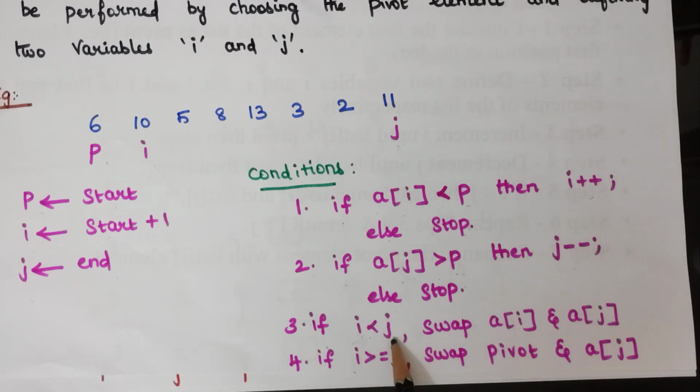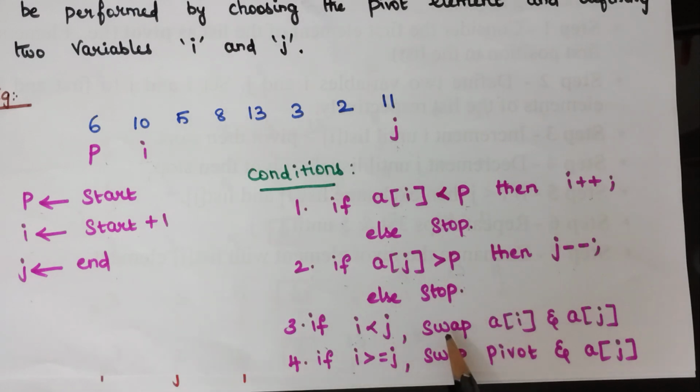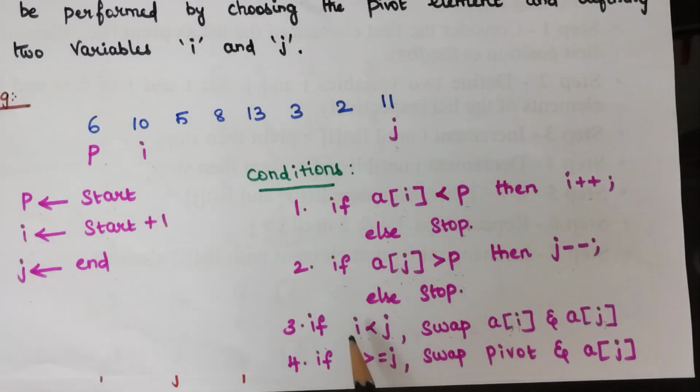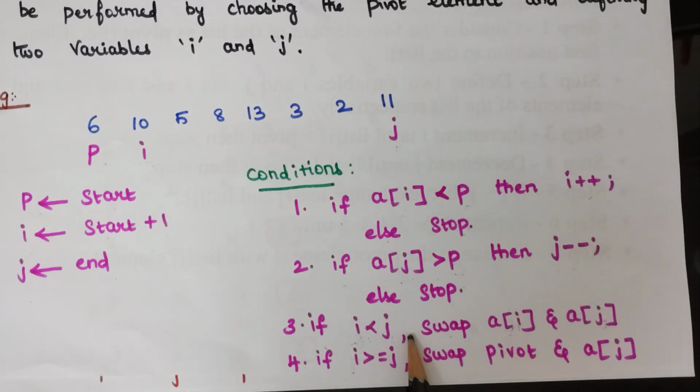If it is lesser, then you need to swap the elements of the array A present in position i and position j. So the jth position element will be moved to the ith position and the ith position element will be moved to the jth position. This will happen only if the index value i is lesser than the index value j.